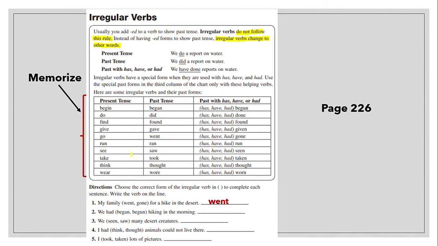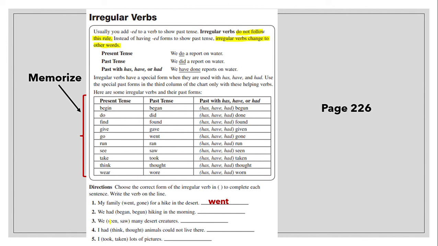So here, the past of go is went. Okay, why didn't I choose gone? Pay attention here. You should choose the correct form of the irregular verb. They're both in the past. Which past? Will I choose went or gone? Went, not gone, because we do not have has, have, or had.